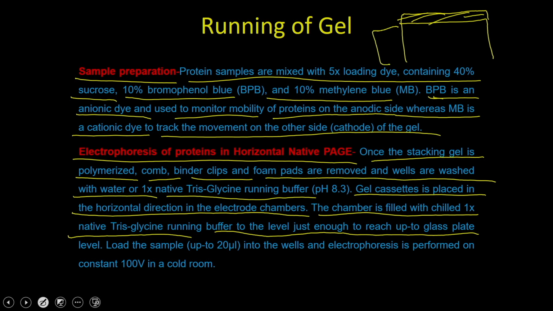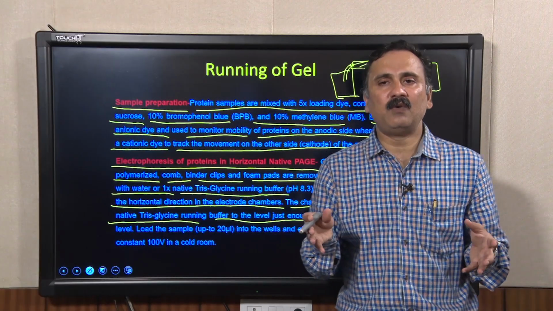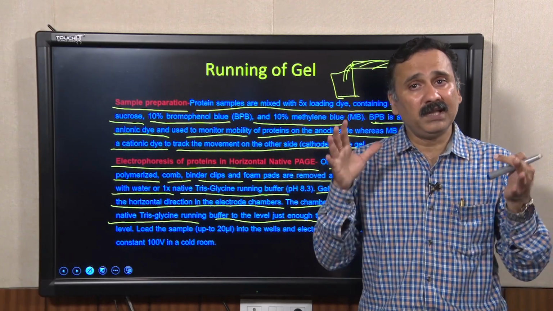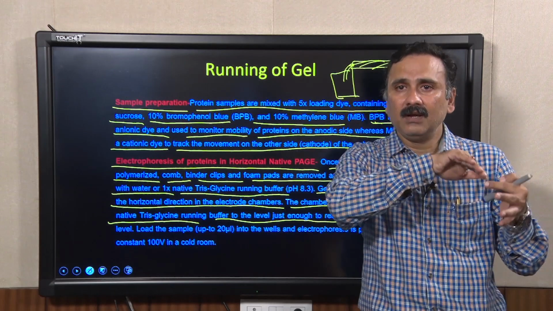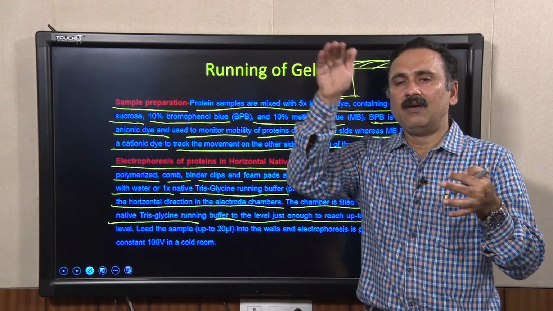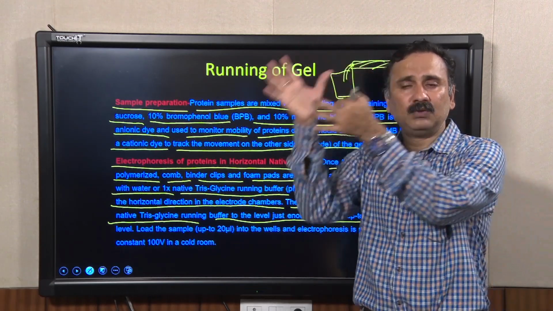So, this side you have a chamber, this side you have a chamber, you connect these with something so that it takes up the buffer, but it is not a continuous mode of running. It is going to be discontinuous mode, so that the current goes through the gel from one buffer chamber to the next buffer chamber.